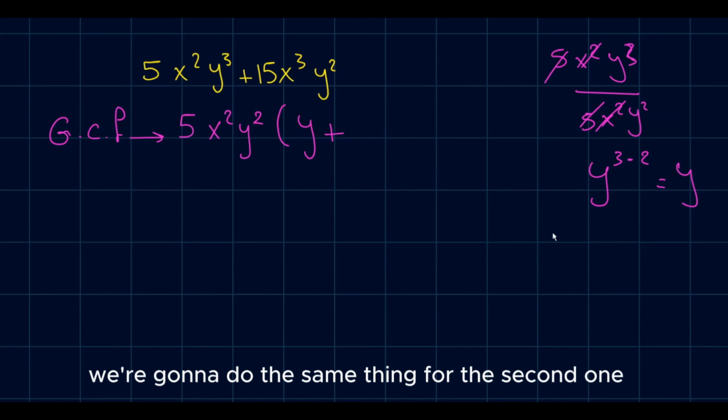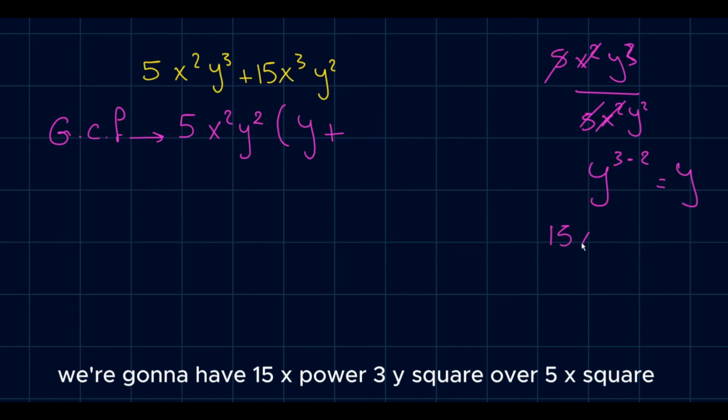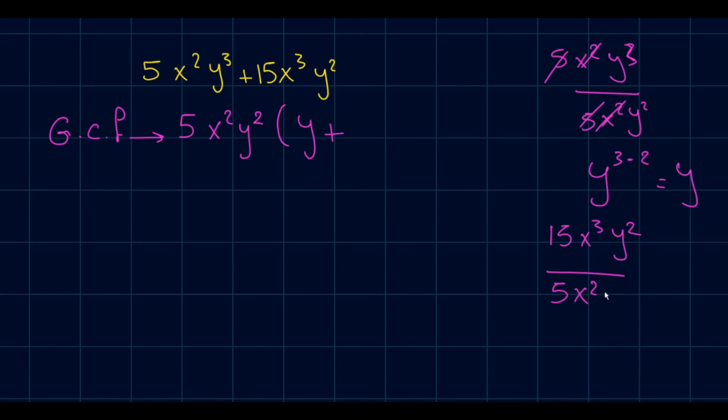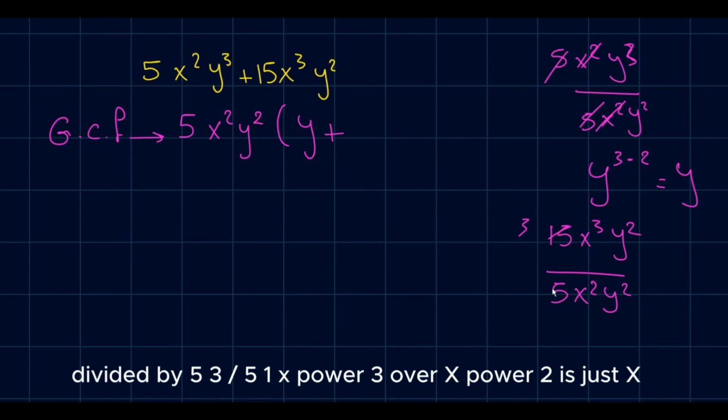We're gonna do the same thing for the second one. We're gonna have 15x power 3 y squared over 5x squared y power 2. 15 divided by 5 is 3. X power 3 over x power 2 is just x.